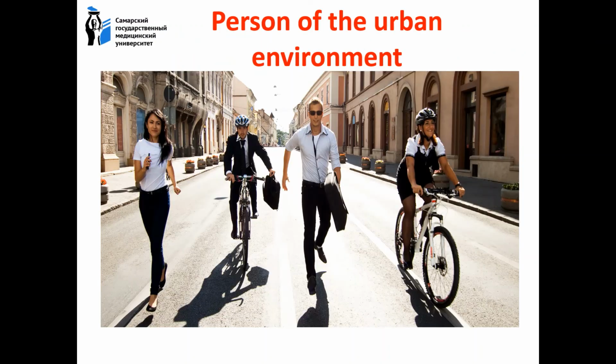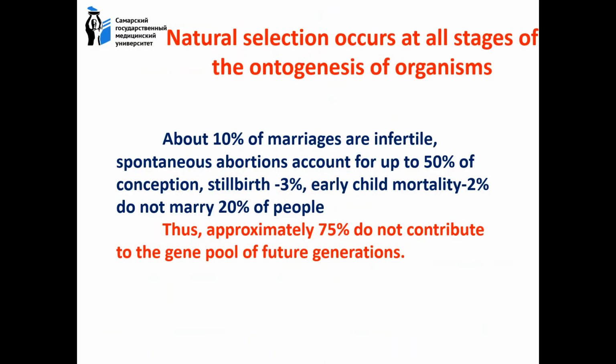Different forms of natural selection and isolation contributed to the appearance of adaptive types of people. I think you know about Arctic, tropical types, and highland or desert human types, and the type of temperate climate.